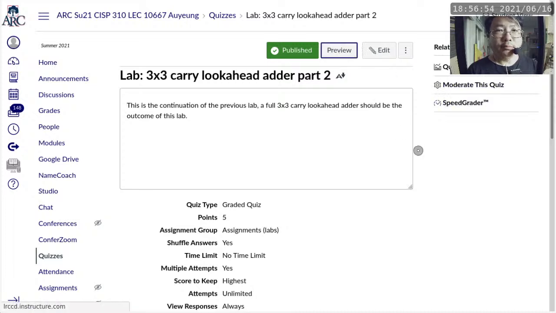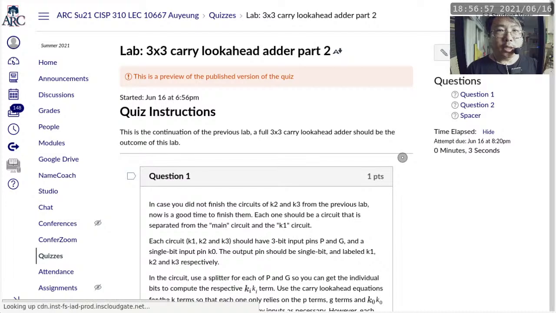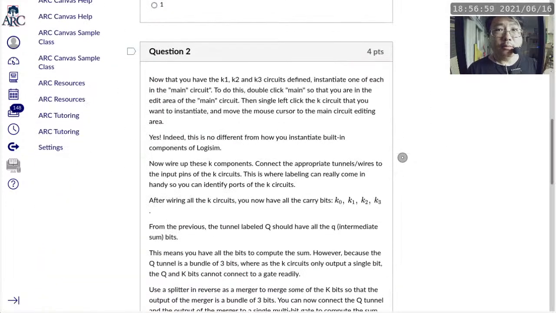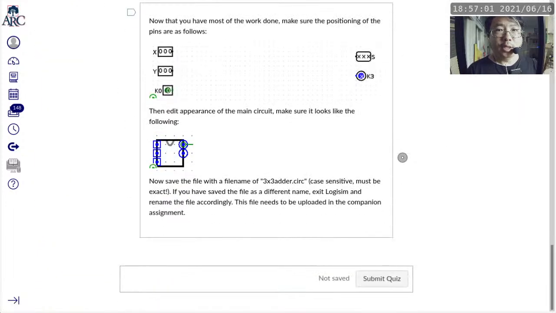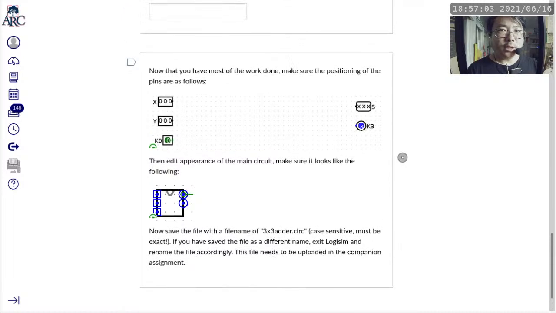Preview would work in this case. All right. The most important part is in the main circuit of the carry look ahead adder, the vertical and horizontal relative positions of x, y, k0, the sum, and also k3 need to be exactly like this. In other words, all the input pins should be on the left-hand side, and all the output pins should be on the right-hand side.